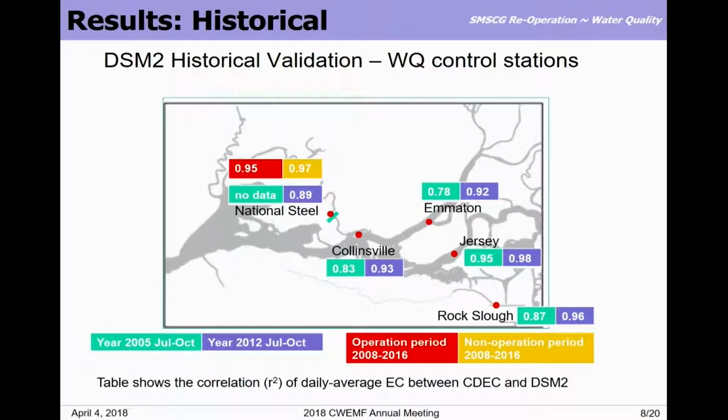This is the EC comparison, and since this is an area we're concerned about, I attached 2 other numbers here. This is the whole period starting 2008, since when it had data. The red one is when the gate is operating, and the yellow one is when the gate is not operating.